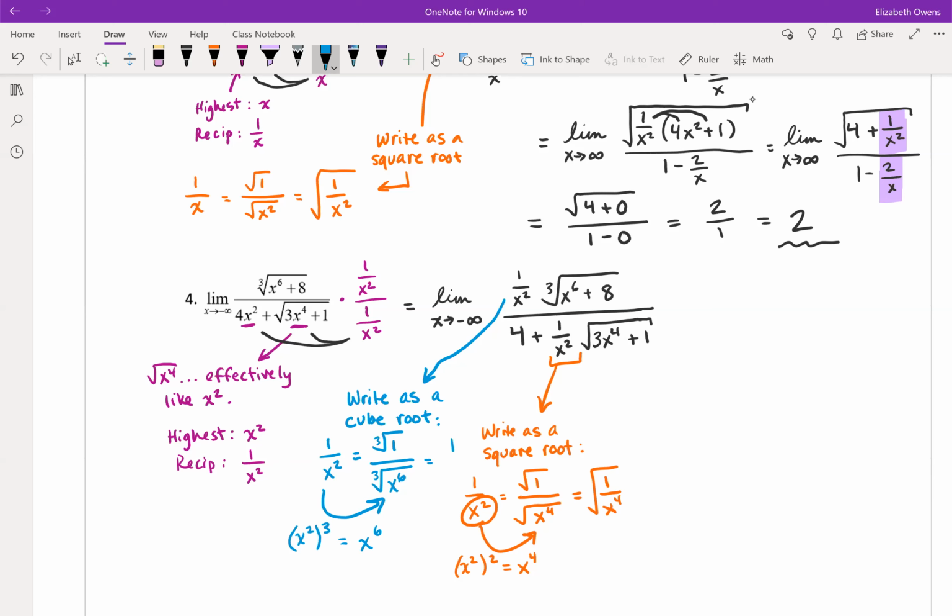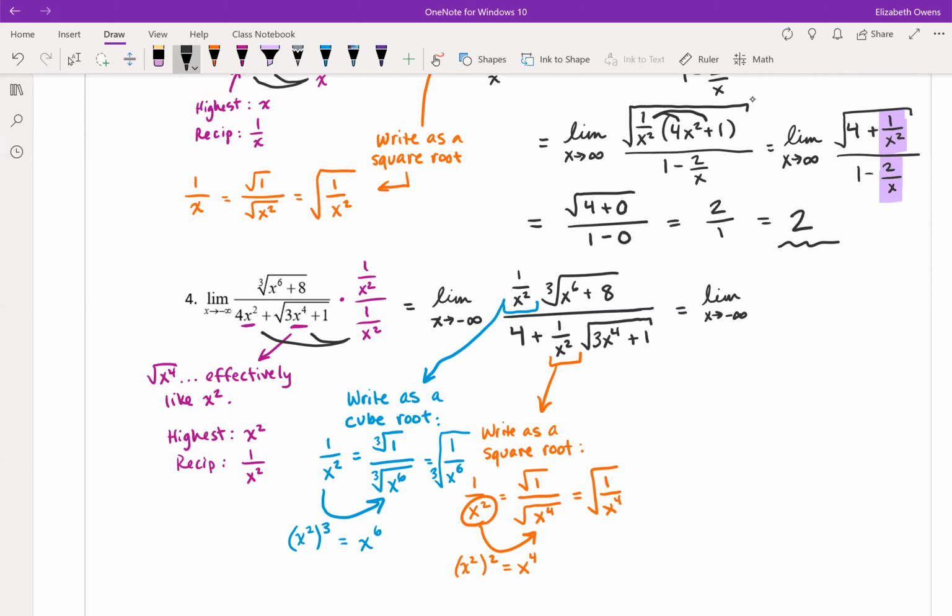So our overall cube root is going to be the cube root of 1 over x to the 6th. Okay, so that's going to be for this multiplier right there. All right, so let's write those in. Got the limit as x approaches negative infinity.